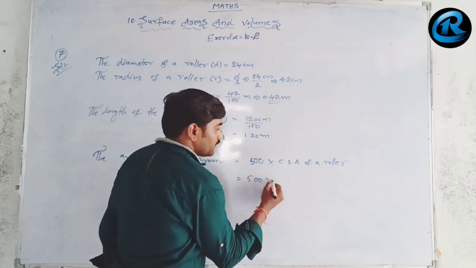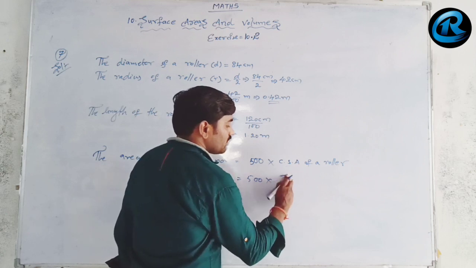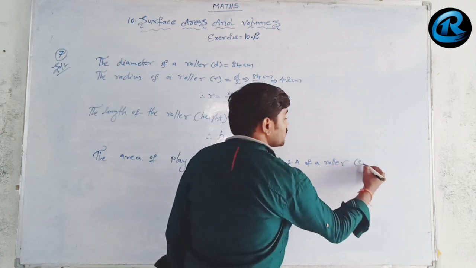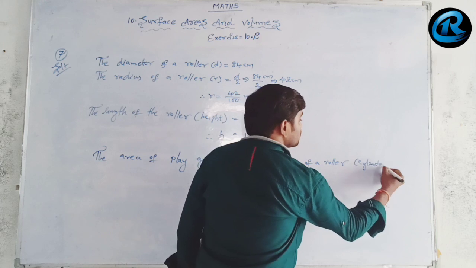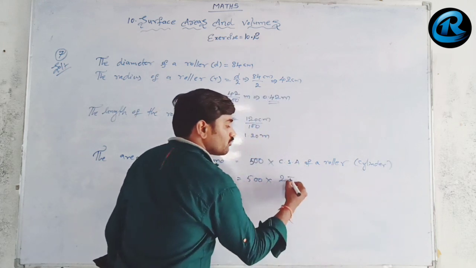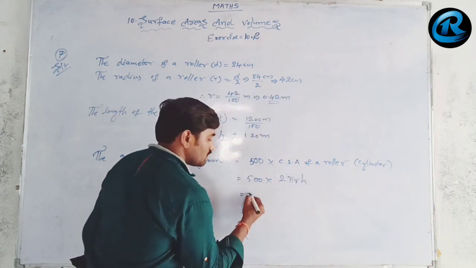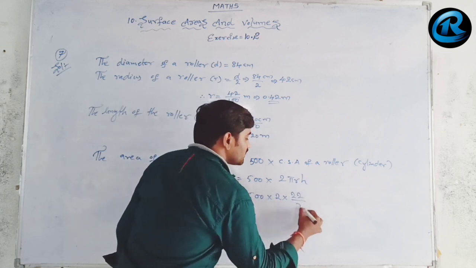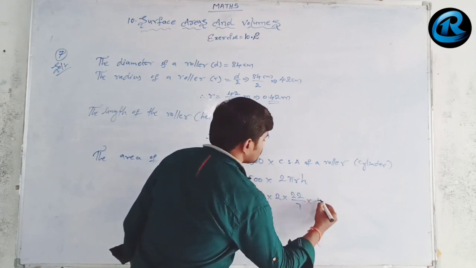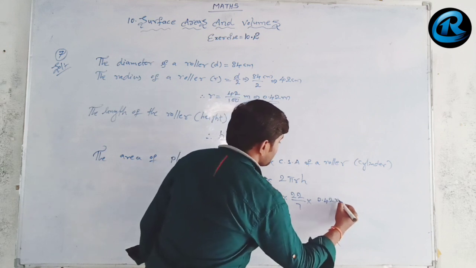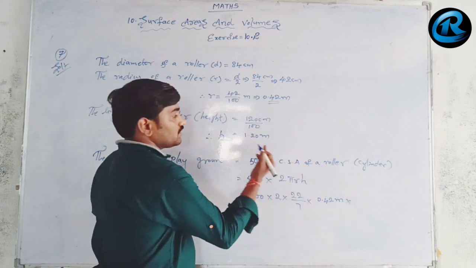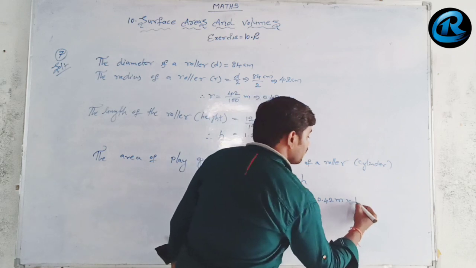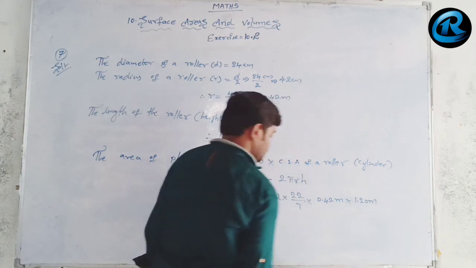The roller is in the shape of a cylinder, so we can use 2 pi r h. So 500 into 2 into 22 by 7 into r value 0.42 meters into the height 1.20 meters.